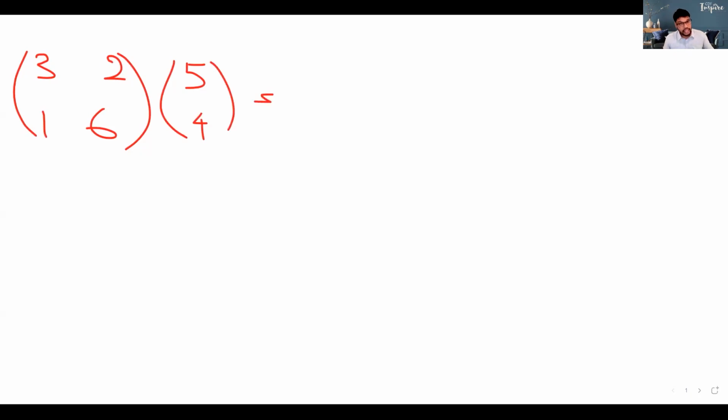So when I multiply the first row and this column, so children, we only have one column, isn't it? Right? So that's going to be 3 times 5 plus 2 times 4, right? So children, we don't have another column anyway, so we just go to the next row, right?